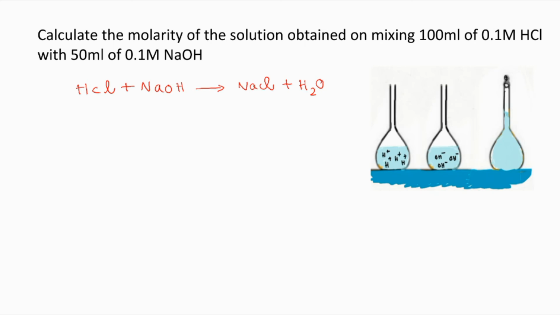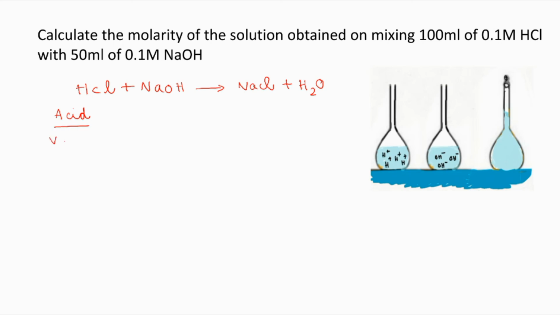We don't need to balance this equation. It is self-balanced. Now, after that, find out the number of moles present in the acid and the base separately, before mixing. In the case of the acid, dilute hydrochloric acid, what is the volume given?